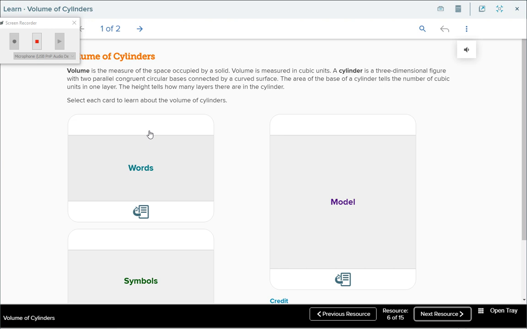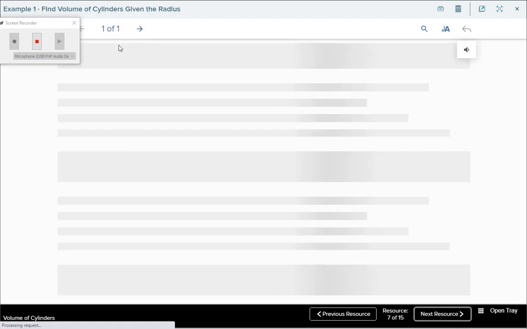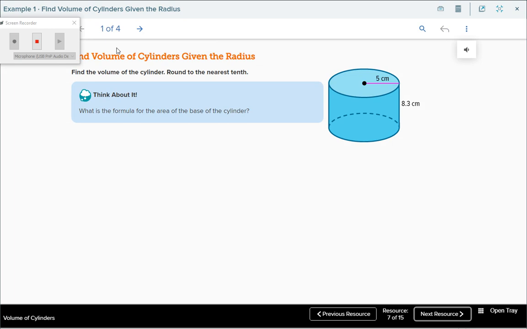So the first examples we're going to look at are the ones that have a radius. If we are given a radius, the first thing we're going to do is write the formula. Look at this. If you'll copy this down, please. Or if it's hard for you to copy down, just write the formula.